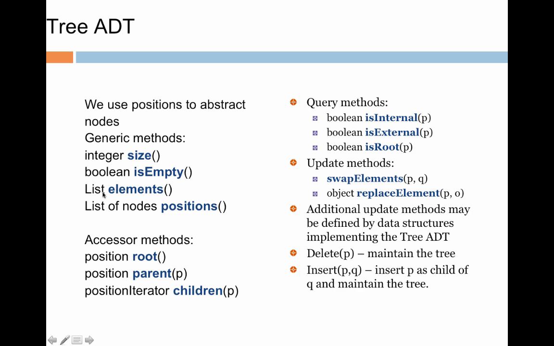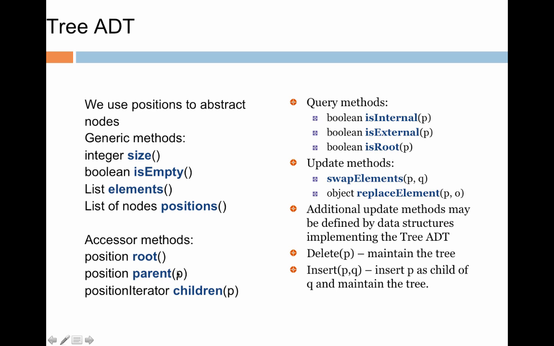When I say elements, the method returns the values which are at the nodes. And the method positions returns a pointer to the list of all nodes. The accessor methods return a position. That is, when you ask for the root of a particular tree, you get a pointer to the root of the tree.